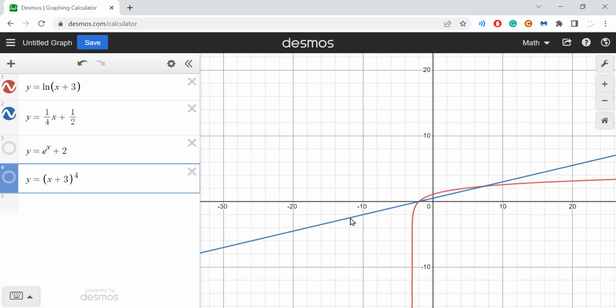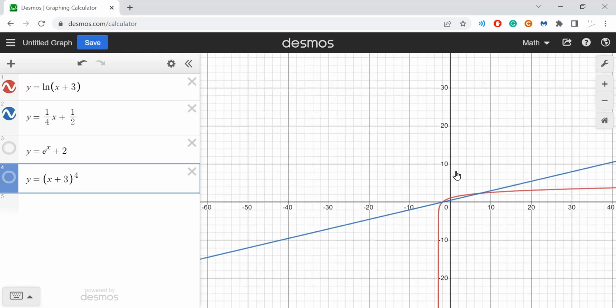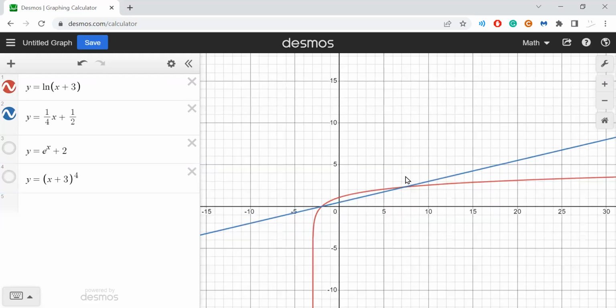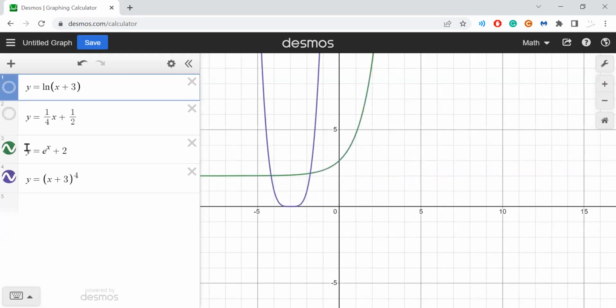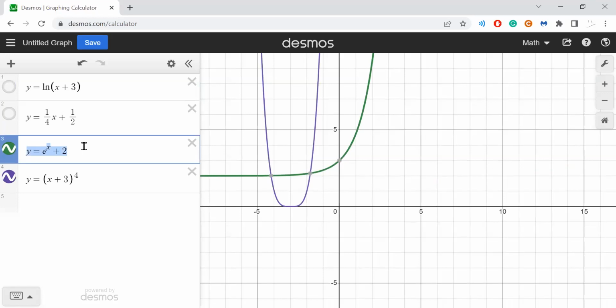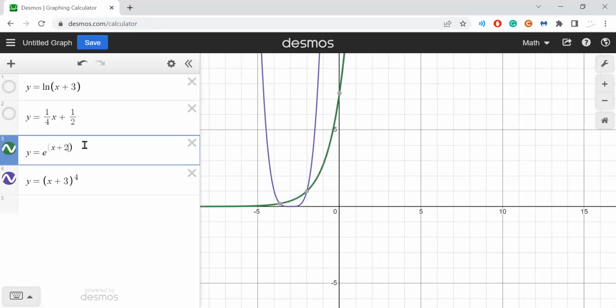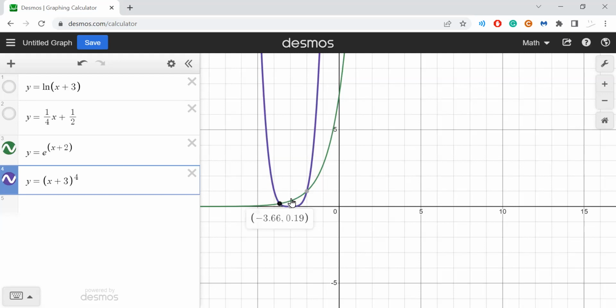Yeah, that looks correct. Then you have two intersections here and here, -2 and 7.347. For the other two graphs, they were obtained from the original equation. E power, sorry, the power is x plus 2. Okay, the plus 2, I wrote it in the wrong place, sorry. Now that makes more sense. And the other guy will be x plus 3 power 4, which is this purple guy. You get these two solutions. That's still not correct.